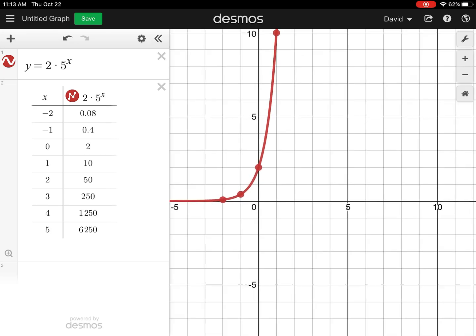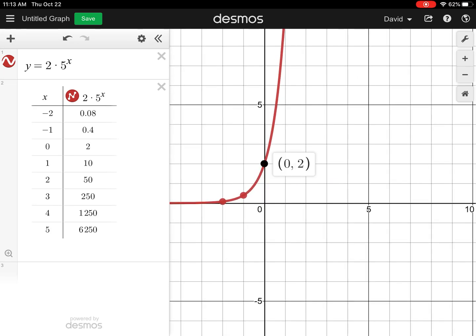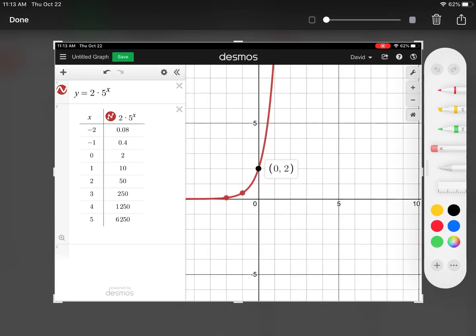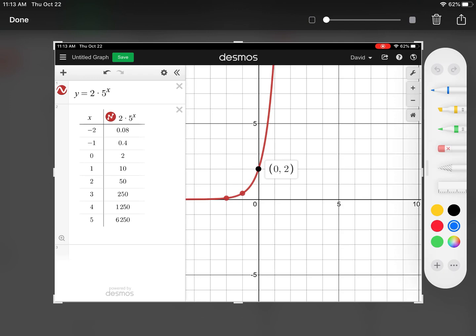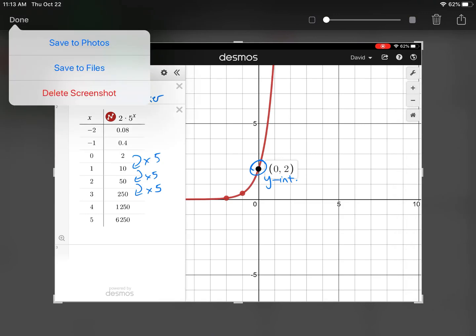But again, we're just looking at the y-intercept here, which is always going to be this first number, and then whatever you multiply by, that's going to be that number here, the multiplier.